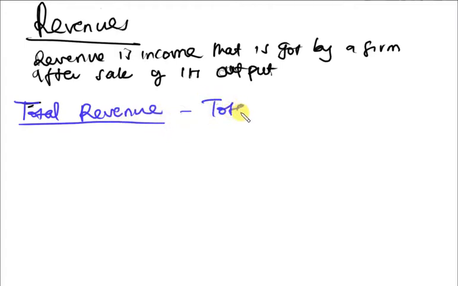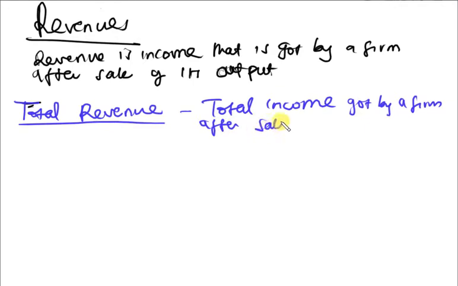This is the total income got by a firm after the sale of all its output. Sale of all the output at a given price, of course.